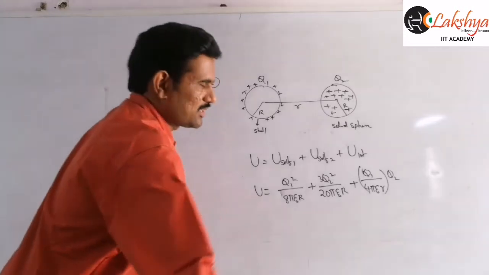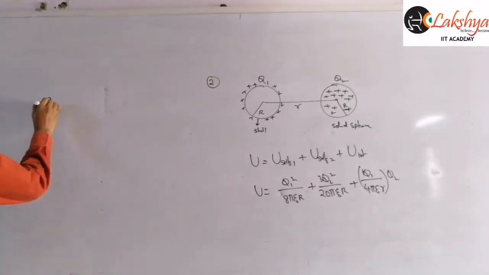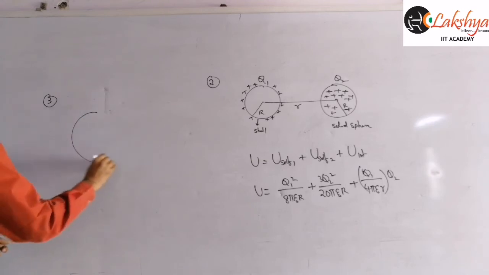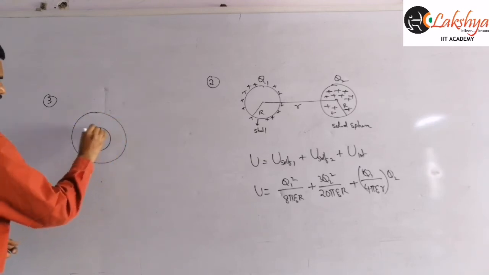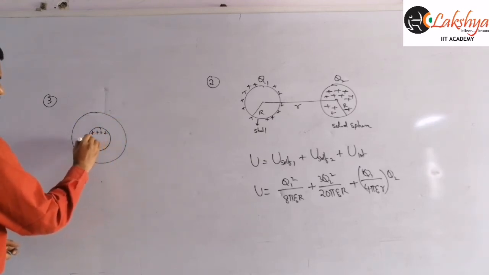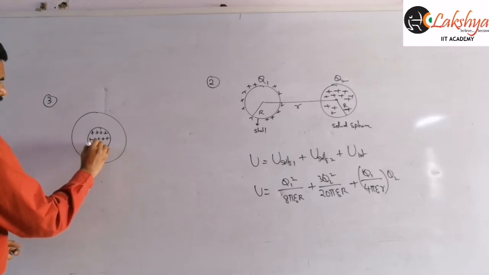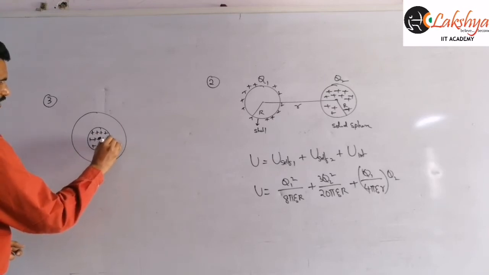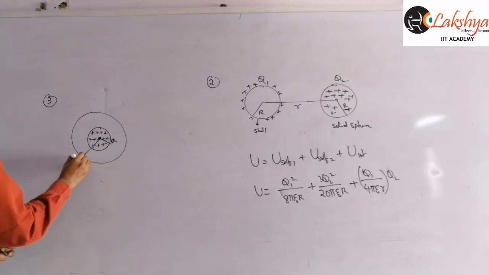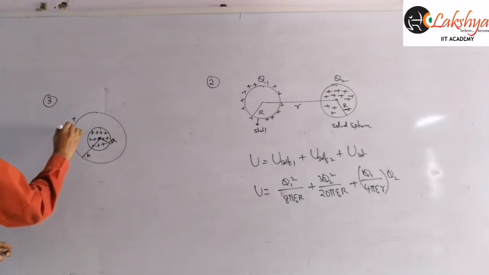Now let us take another example for this, another system. Now suppose these two are placed like this. This is, say, radius A and this radius is B, and this is a shell.